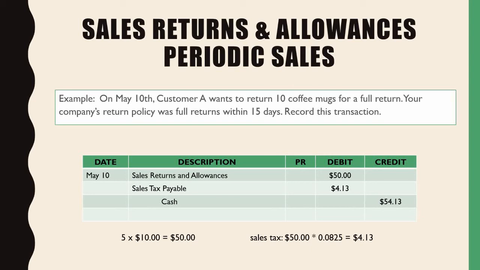If you actually extend it out, it's 4.125. Okay, I must be off on the decimals. That's why I need to go up one more. Okay, I got it. It also depends on what the number is. So there we have it. That's exactly what we're going to do. We're going to recognize it as sales returns and allowances.